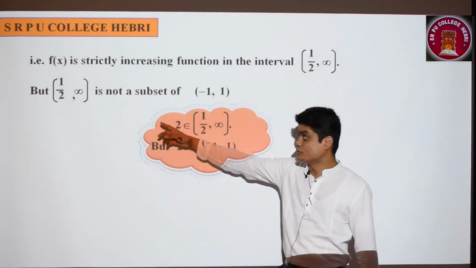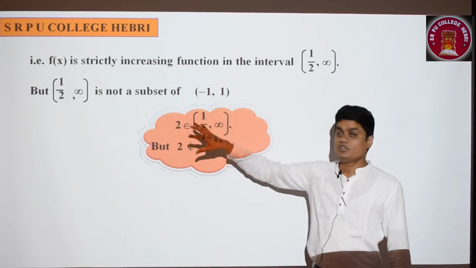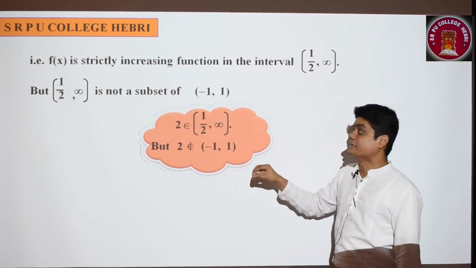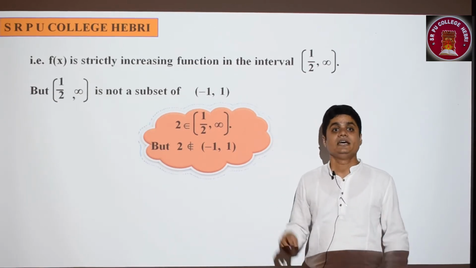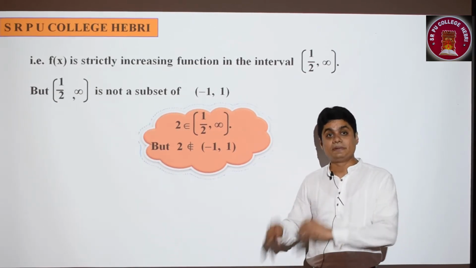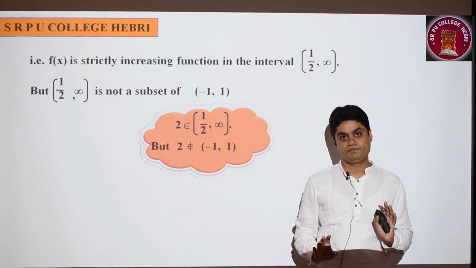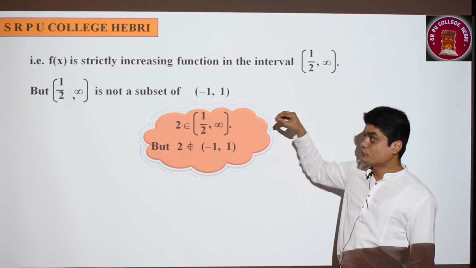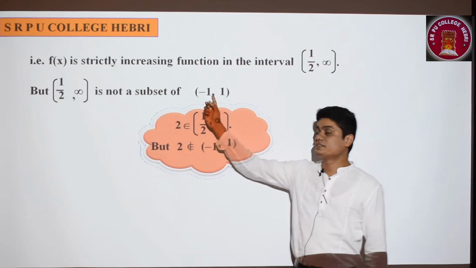For example, 2 belongs to this, but does 2 belong to minus 1 to 1? No. So half to infinity is not a subset of minus 1 to 1. What we proved is that half to infinity is not completely inside minus 1 to 1. That is, half comma infinity is the answer for the strictly increasing function, but this is not the interval which is given in the question.